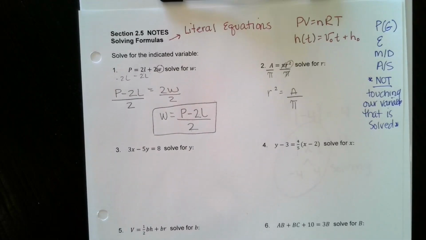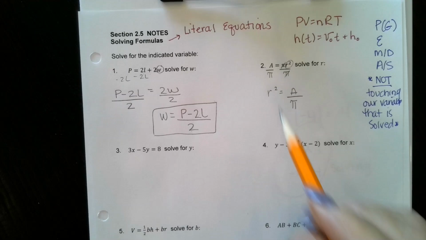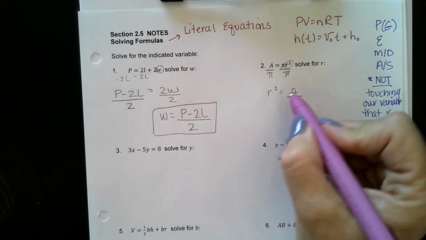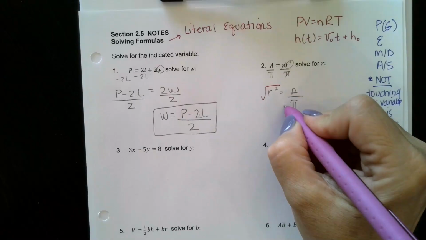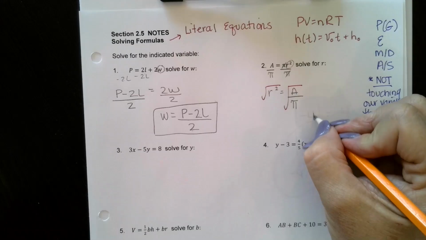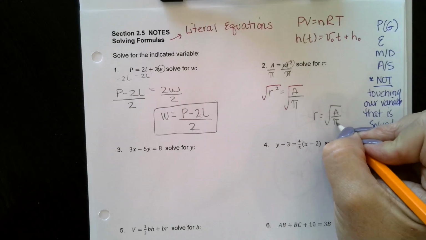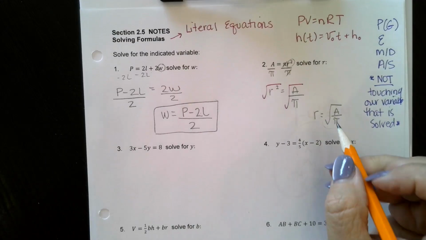Nothing combines because they're not like terms. Now, r is not by itself. The way we solve a squared variable is we take the square root of both sides. My final answer is r equals the square root of A over pi, with the whole thing underneath the radical.